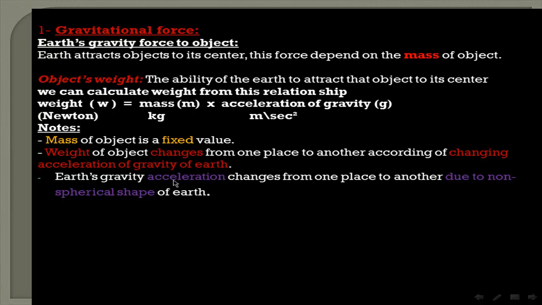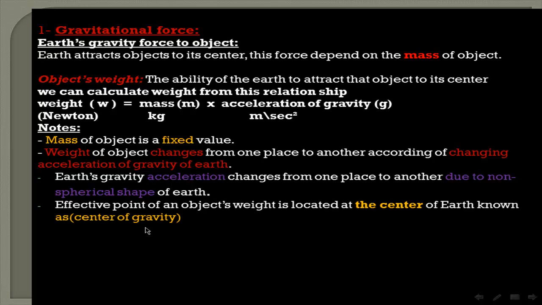Earth's gravity acceleration changes from one place to another due to the non-spheric shape of Earth. So, when he asks me why Earth's gravity acceleration changes from one place to another, it is due to the non-spheric shape of Earth.